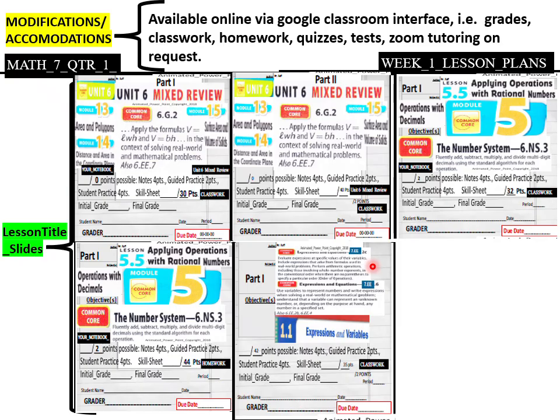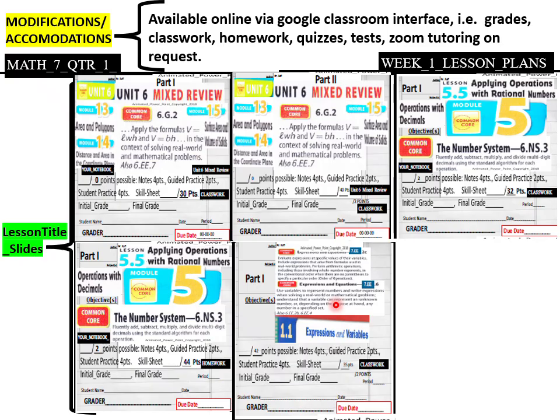This standard covers evaluating expressions at specific values of their variables, including expressions that arise from formulas used in real-world problems, performing arithmetic operations, including those involving whole number exponents, in the conventional order when there are no parentheses to specify a particular order. So it'll be order of operations that we get into here.